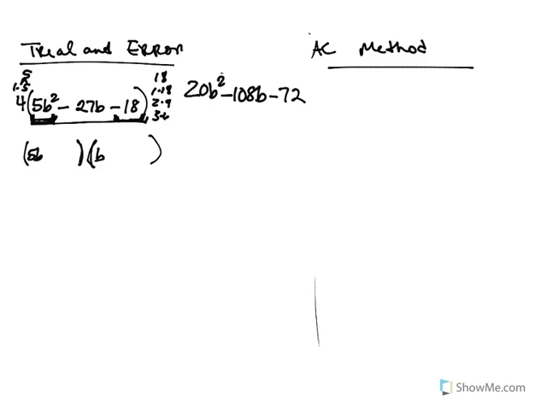If I do 2 and 9, that would be a 10 and a 9, which is 19. So no. If I swap them, it would be 45 and 2. So no, that doesn't work. I'm not doing 1 and 18.